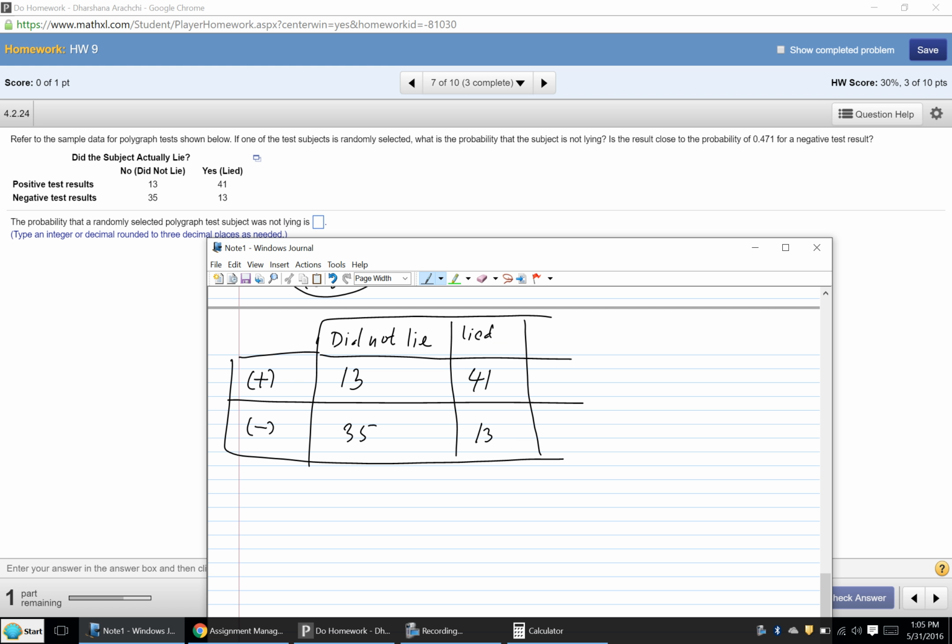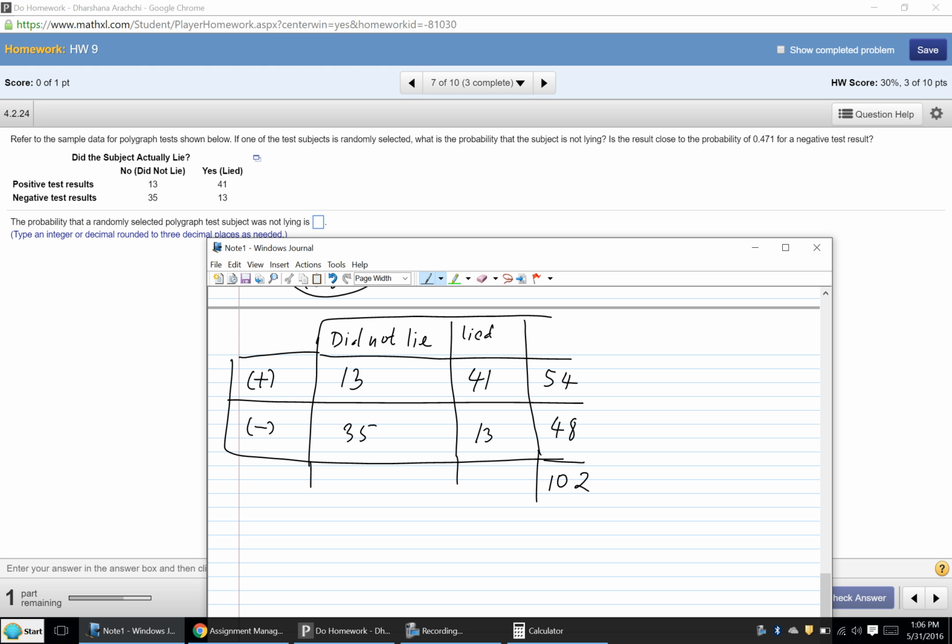So in total, how many in this experiment? 13 plus 41 equals 54, and then 35 plus 13 is 48. So in total they have 102 subjects.